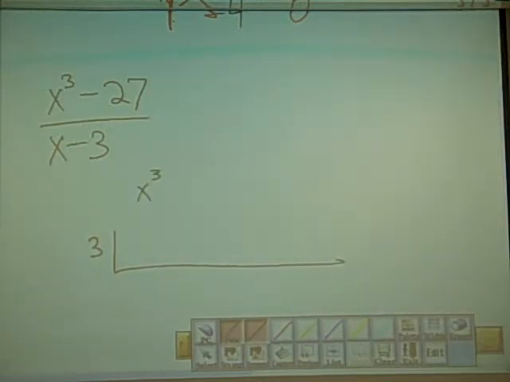And again, we need a place value for each term of our polynomial, even if it has it or not. And so x cubed has a coefficient of 1, right? So we're going to put a 1 there. But there's no x squared here, so we're going to put a 0 for x squared. And there's no value for x, so we're going to put a 0 for that coefficient. And then we have a minus 27 for our constant.